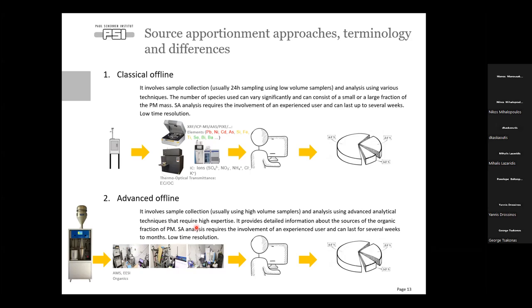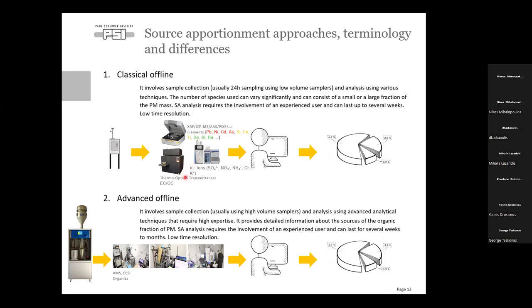So I'm gonna just show you the categories as we have defined them, so we can easily then understand which category refers to which results. First we have the classical offline source apportionment, which includes the most commonly used approach, which means that we first collect samples in whatever receptor we choose, and then we apply offline analytical techniques for different components.